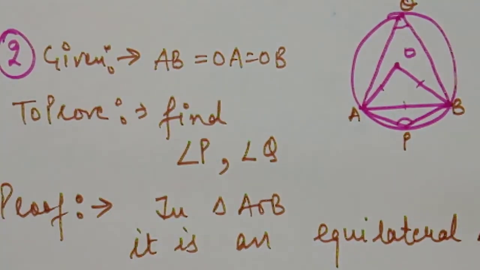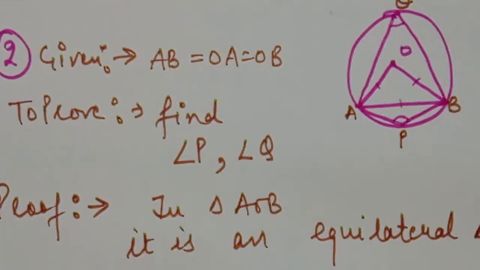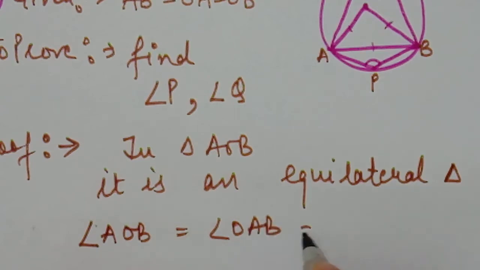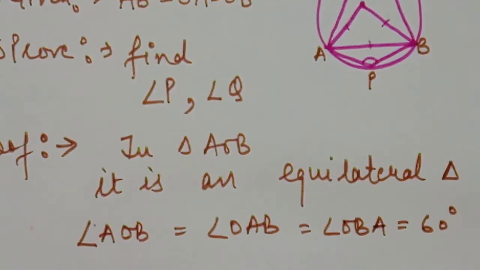So if it is an equilateral triangle, all angles in the triangle, angle AOB is equal to angle OAB is equal to angle OBA is equal to 60 degrees.